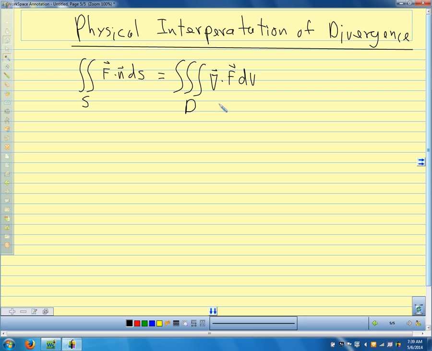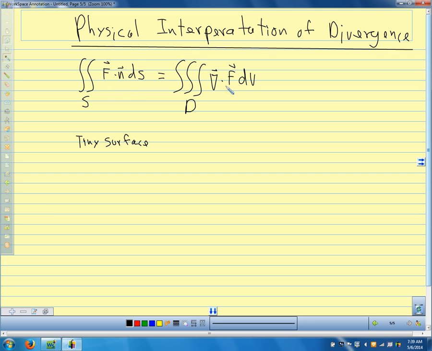So we're going to think of a tiny surface, a very tiny surface.